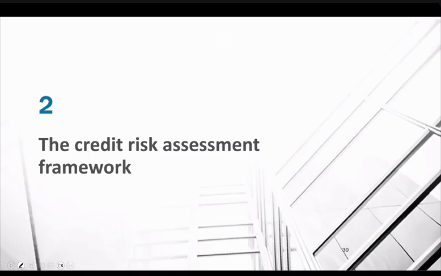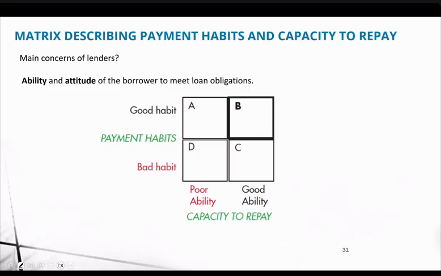Right. Next is the credit risk assessment framework. So here, this is what they test in the exam. If they give you this, it's a freebie question. They'll say, for example, which letter shows good ability but poor payment habits?